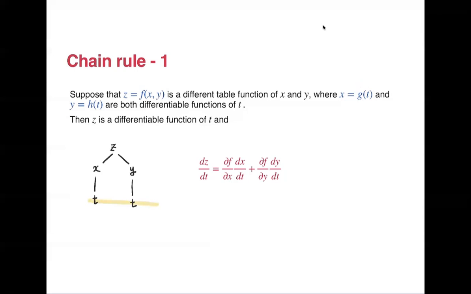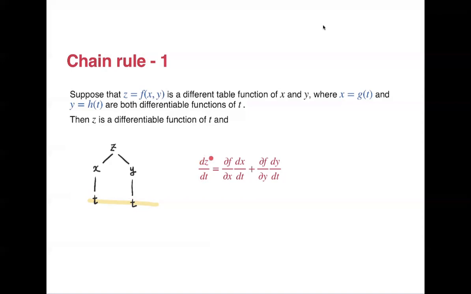So we can think that z is a function of t. Since there is only the variable t, we can differentiate the function z with respect to t. It is not a partial derivative because there is only one variable t, so we use the d notation here.